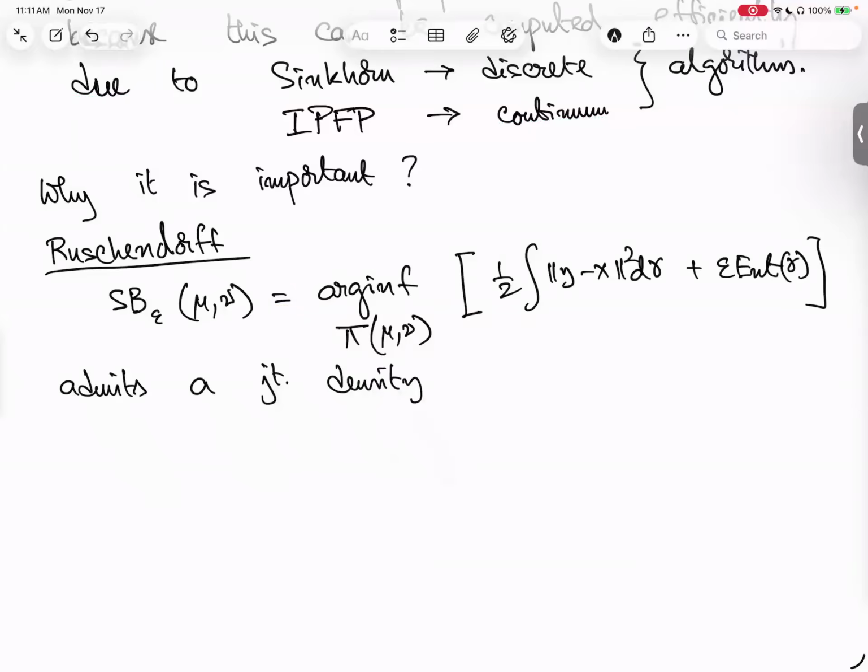And if I call this joint density gamma epsilon star of x, y, then it looks like the following.